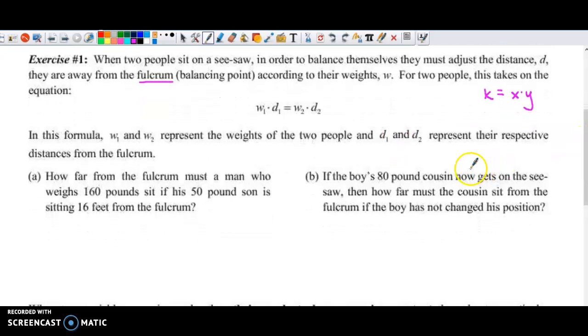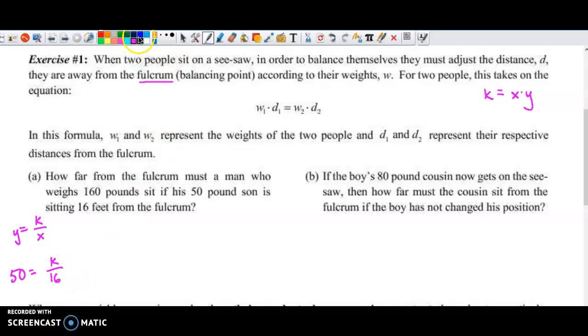So if we look at this situation, how far from the fulcrum must a man who weighs 160 pounds sit if his 50-pound son is sitting 16 feet from the fulcrum? So if I were to teach this the way I'm sort of set in my way of y equals k divided by x, what I would think about is setting up a situation where the 50-pound son, 50, is equal to k divided by 16, and then I would solve for k.